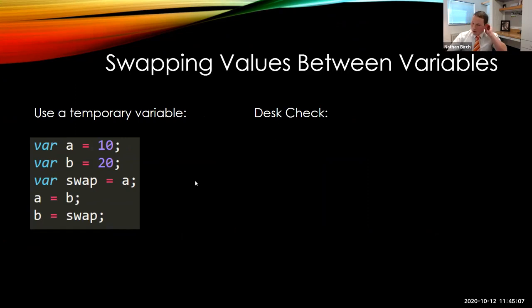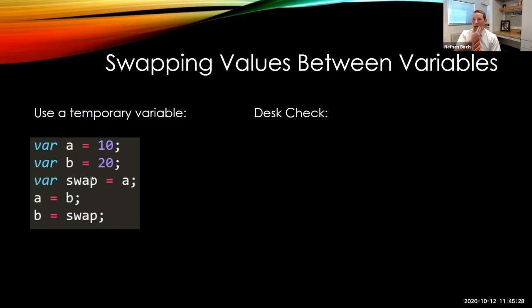All right, so swapping values between variables. So this is not a super common thing. This is just to help you understand how the allocation of memory goes and what you would have to do if you wanted to trade the values between two variables. Var a equals 10, b equals 20.